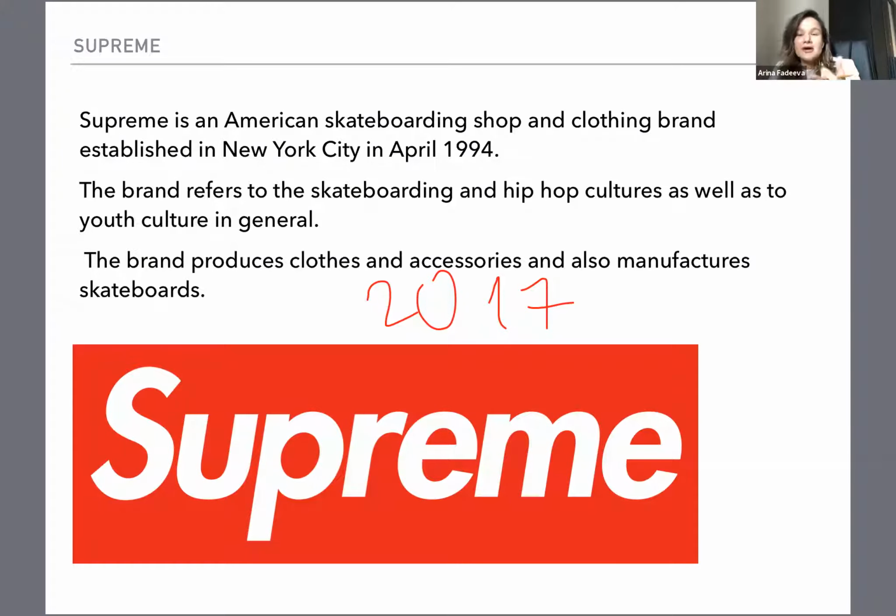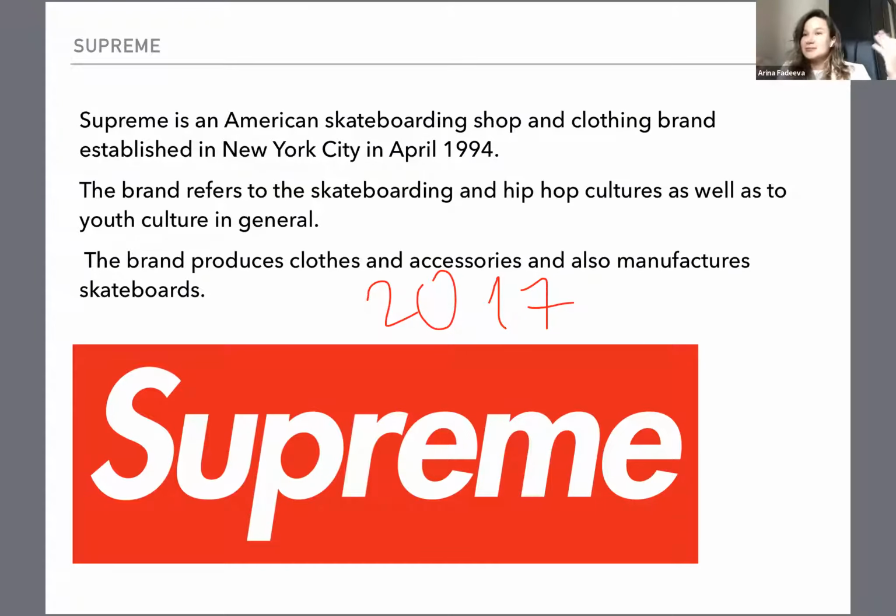And as you know, they have limited editions of everything, and people have to wait in lines before getting to the store or ordering something online. It's really hard to buy something. That is why the value of all those items is really, really high.